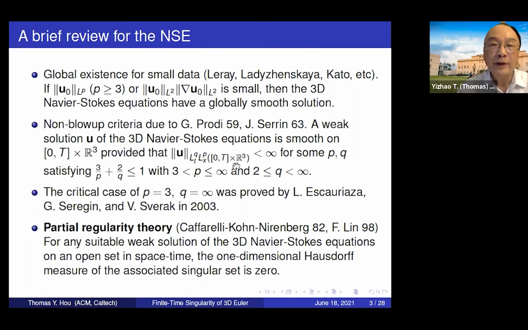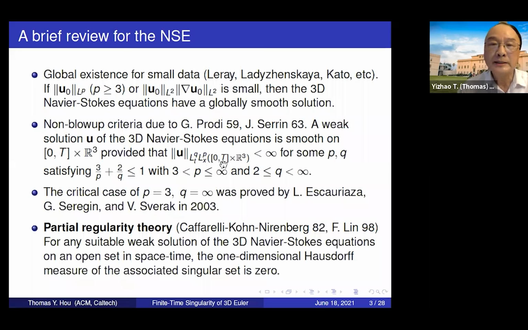There are various other kinds of non-blow-up criteria due to different people. Like this one is due to Prodi and Serrin. Basically it controls the L^p norm of the velocity field, which is L^q integrable in time, with p and q satisfying this inequality.